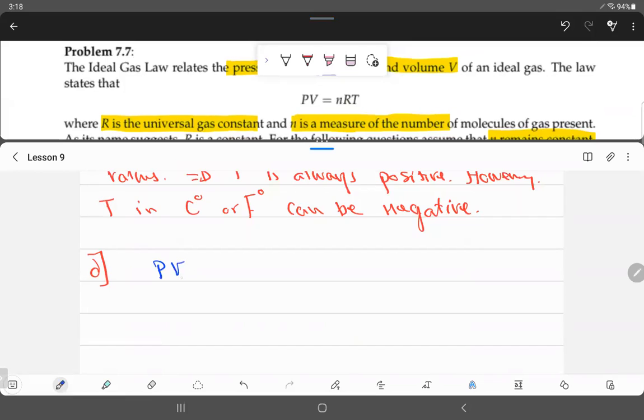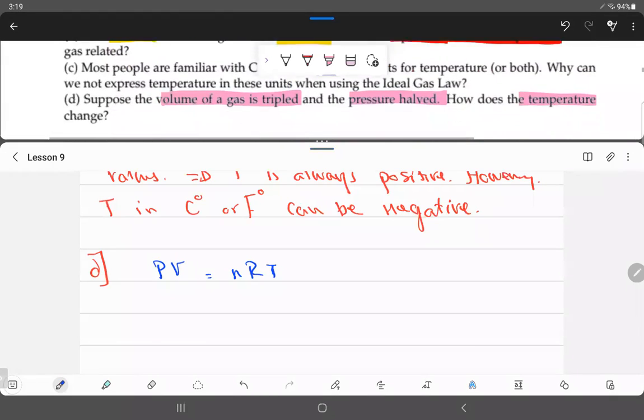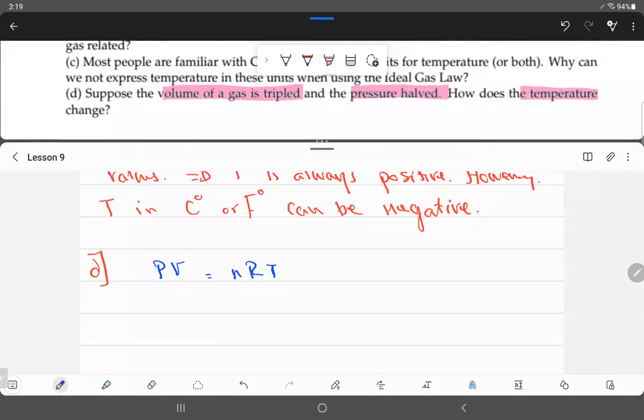PV over T equals nR, right? We know that n is constant, R is constant, and for the others, we need to see the effect of changing two of them on the third one.